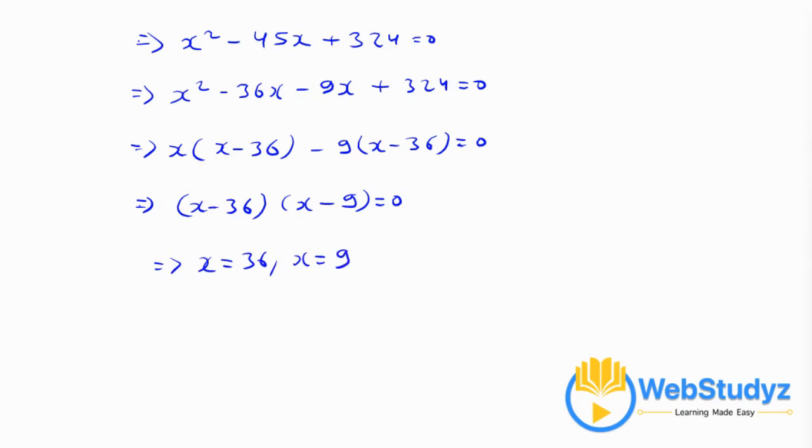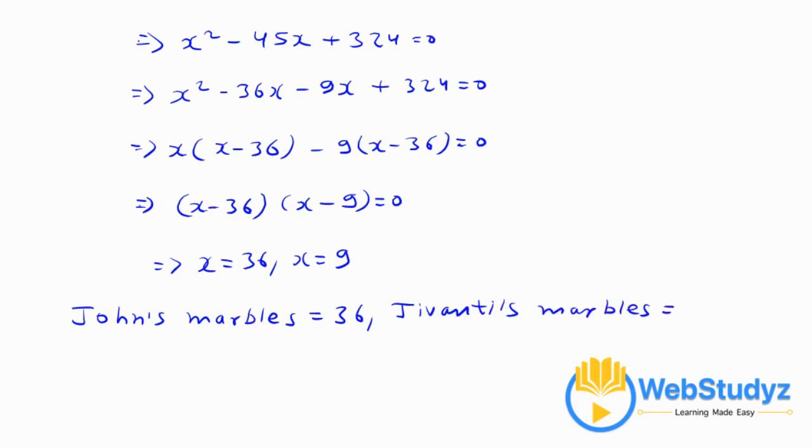Now, if we assume that John's marbles is 36, then Jivanti's marbles will be 45 minus 36, which is equal to 9.